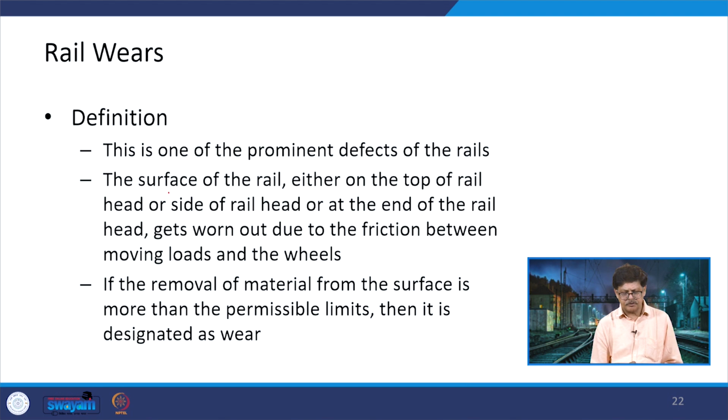can happen on the surface of the rail, either on the top or on the side of the rail head, or it can occur at the end of the rail head.